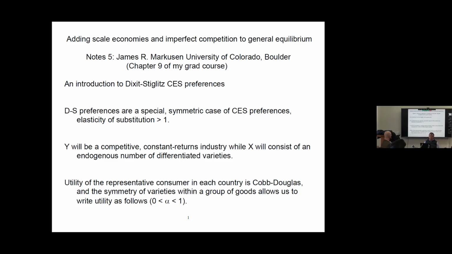If preferences were Cobb-Douglas, indifference curves never touch the axes. So if you don't have any of a good, the price goes off to infinity and utility goes to 0. Unless you consume some of everything, your utility is 0. So an elasticity of substitution greater than 1 binds you away from that awkward situation so that you can actually endogenize the number of goods that are produced in the model.